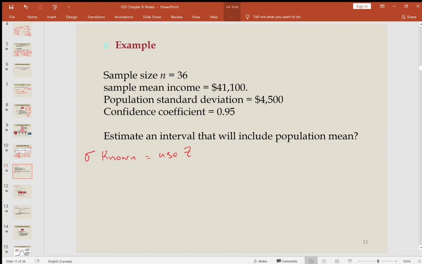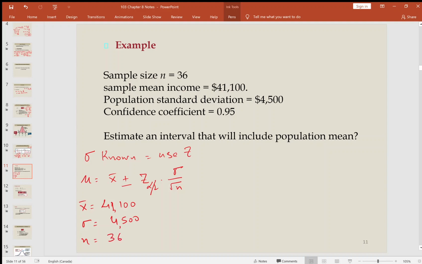So we will use this formula: mu is equal to x bar plus minus z alpha by 2 times sigma divided by square root of n. Now x bar, the sample average, is given to us as 41,100 in this question, sigma, the population standard deviation, is given as 4,500, and the sample size is given as 36.